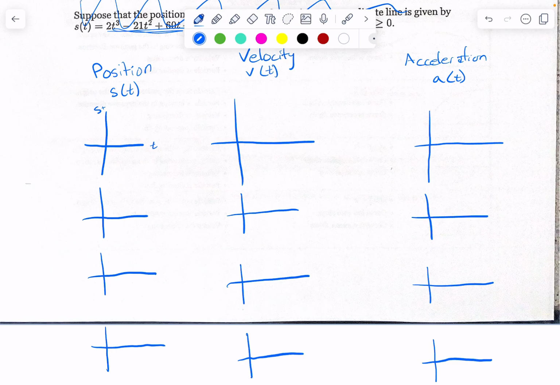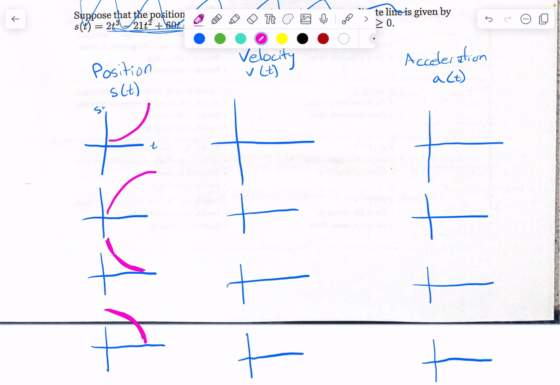Okay, so let's look at the 4 different kinds of curves that we could have. We could have a curve that is looking like this. We could have a curve that's looking like this. We could have a curve that's looking like this, or we could have a curve that's looking like this. So it's kind of like concave down, concave up, increasing, decreasing, that type of thing, okay?